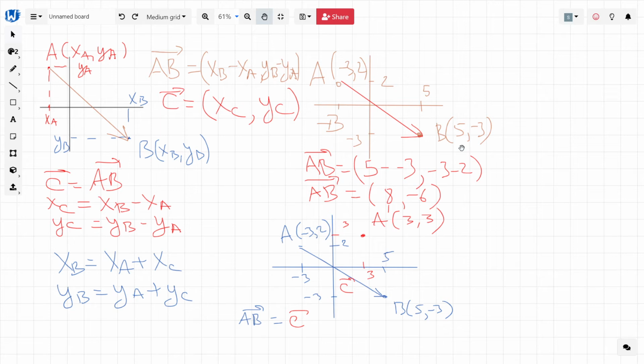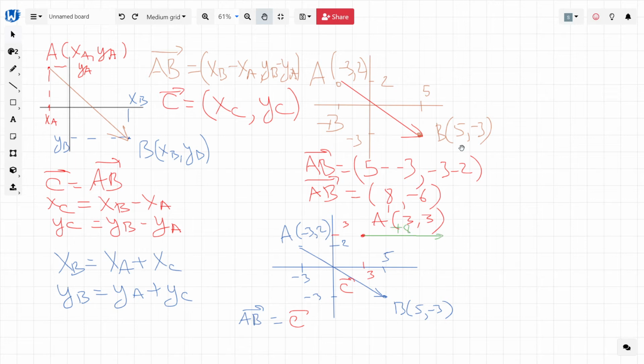Well, since the vector is 8, minus 6, it means that we need to start at point A prime and then horizontally move by 8 points to the right. It's going to be somewhere here. Okay. I did plus 8 points.